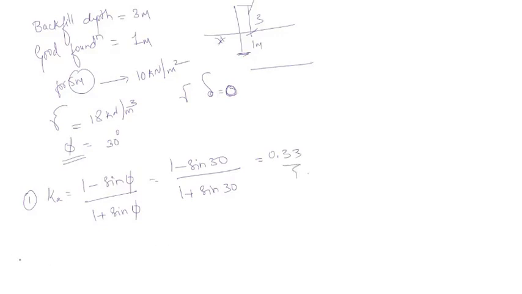The second step is the properties of the retaining wall. First we want to determine the total height of the retaining wall. The total height is given by backfill plus good foundation, 3 plus 1 meter, equals 4 meter.